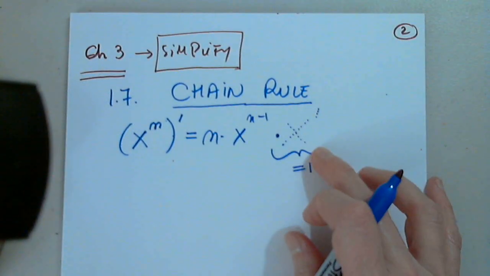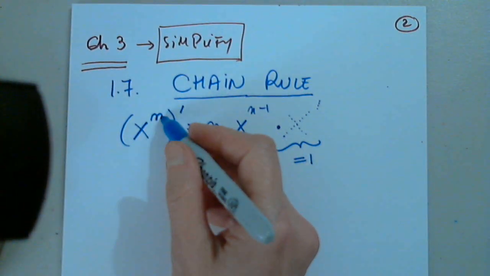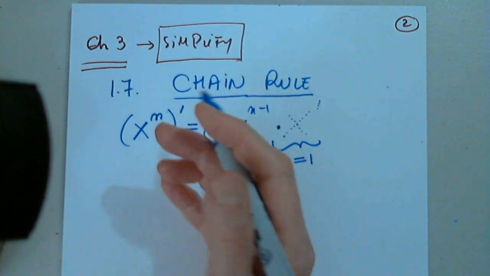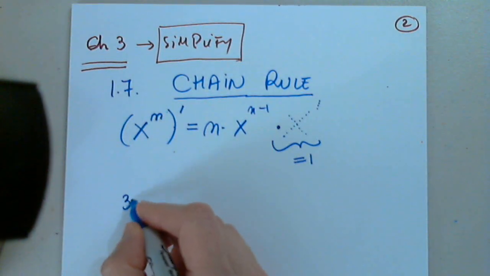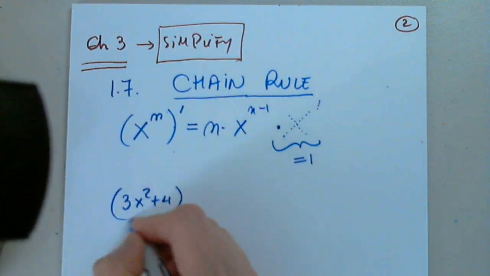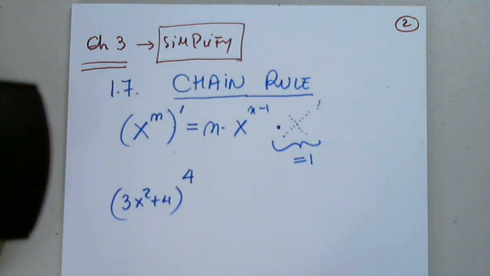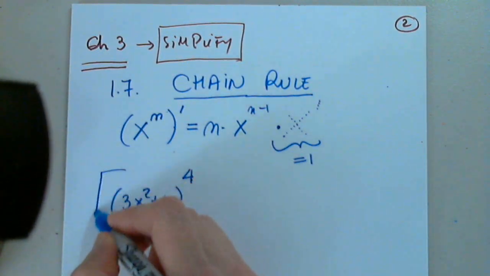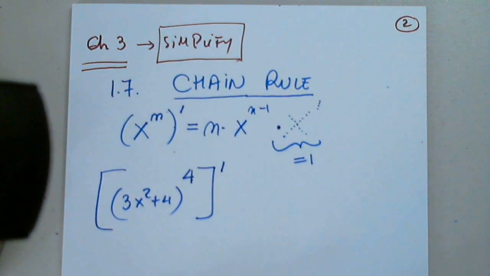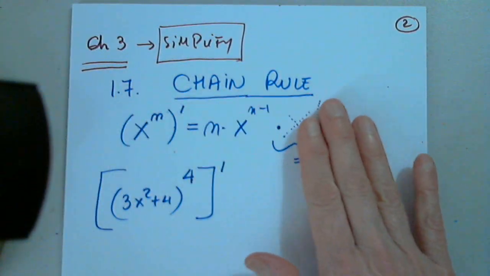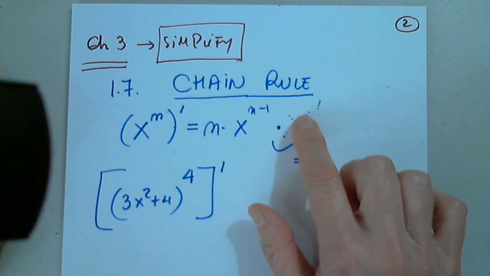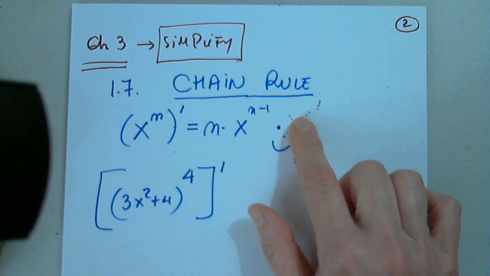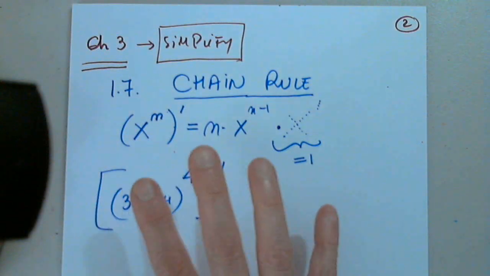But keep this in mind. If I don't have plain x, for example, I could have 3x squared plus 4 to the 4th power. Well, this is not x. This is a power. And I want to differentiate this. How do I do this? I follow the same pattern, but now this is not going to be 1. Can anyone try? It's okay if you're wrong.